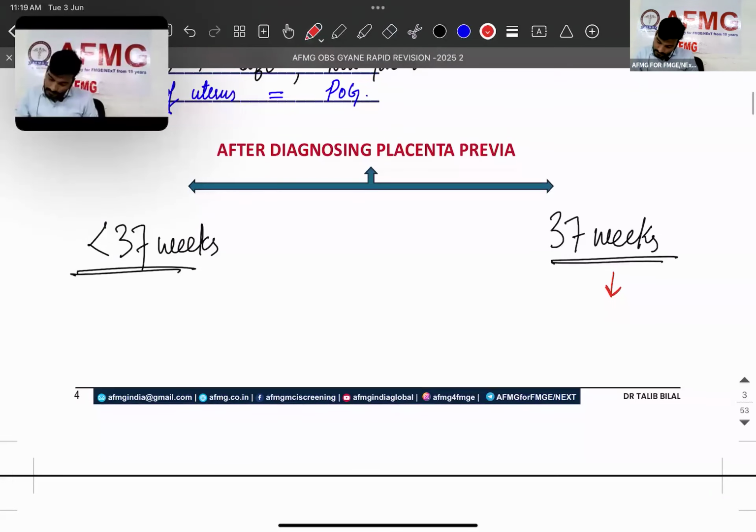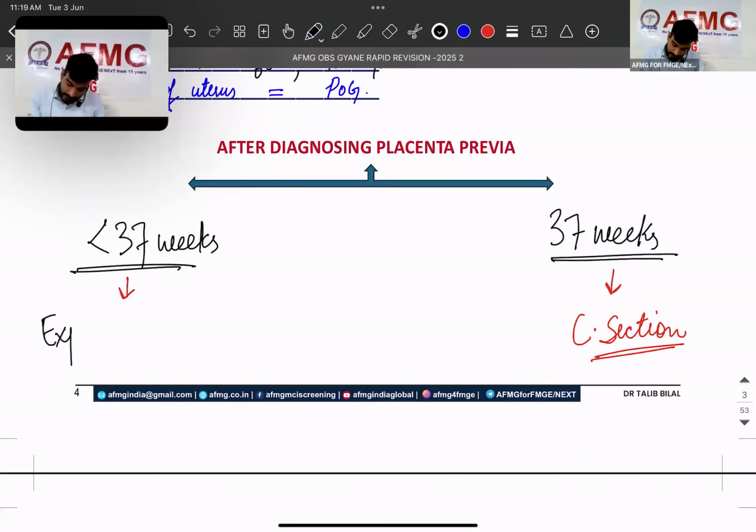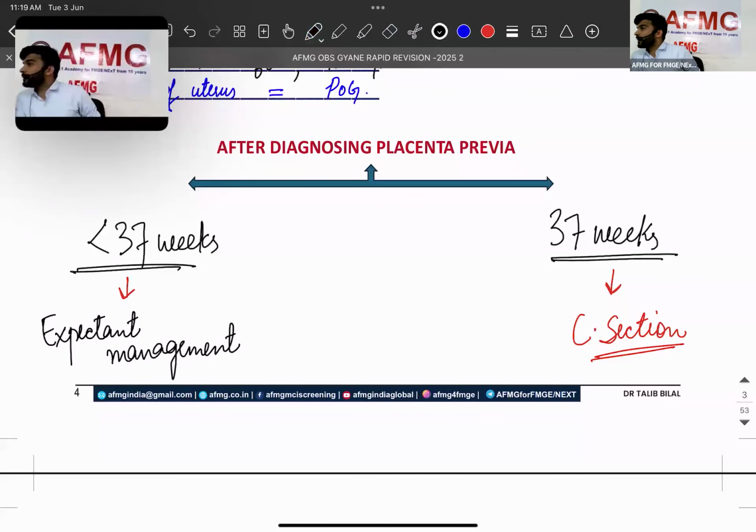Caesarean section. If less than 37 weeks, what is the management usually? Expectant management. Clear?